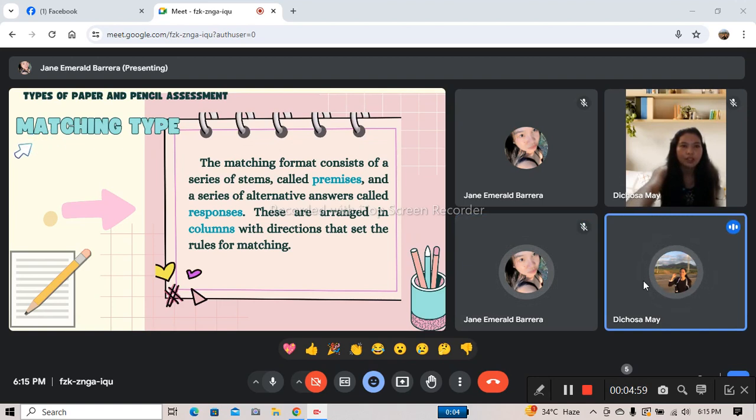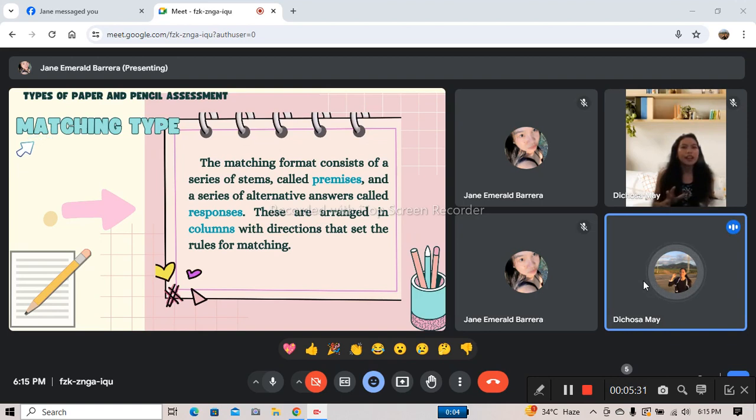Okay, thank you, Jane. When we say premises, it is the statement or questions that provide the context or information for the matching task. Each premise is typically numbered or labeled to match with a corresponding response. And when we say response, it is the alternative answers or options that are provided for each premise or context.